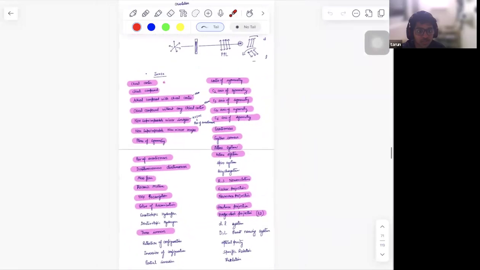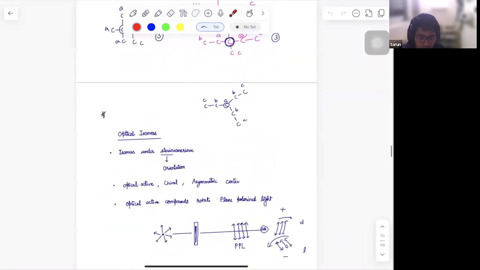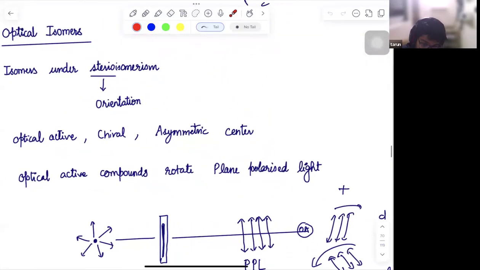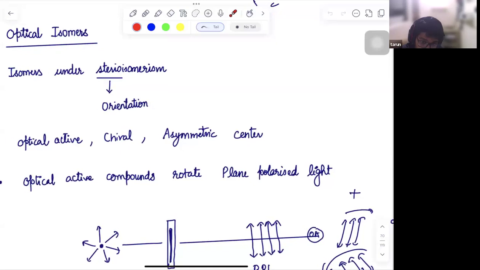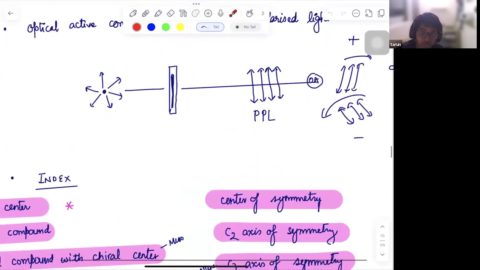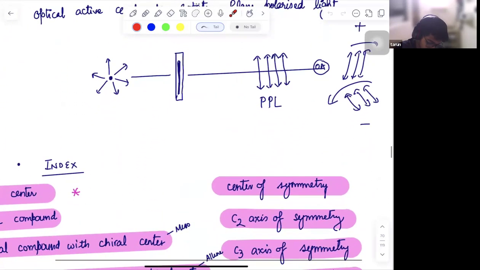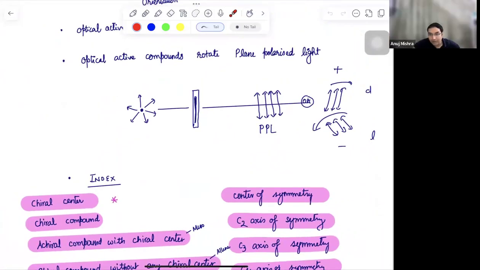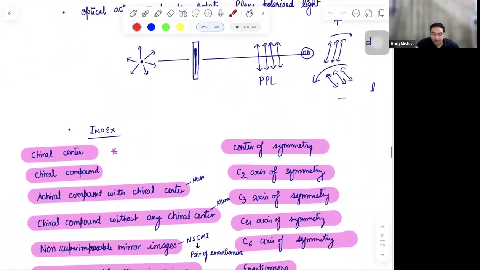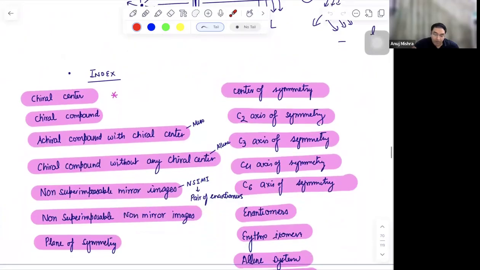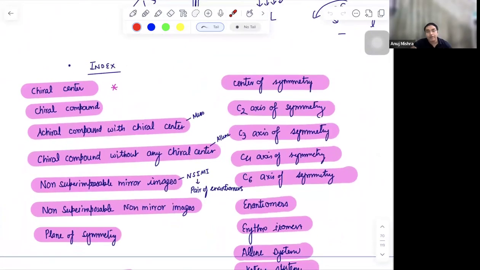Can you just show the last point? Yes. Draw this index. So you're supposed to write down all the terms. Chiral center, chiral compound, achiral compound with chiral center. I hope it is visible clearly.